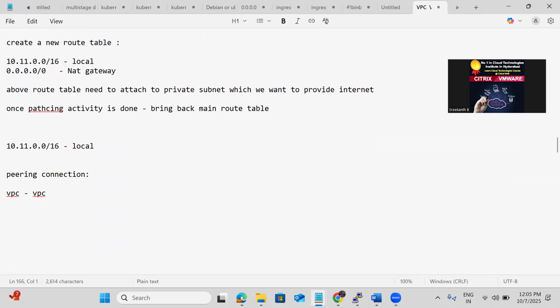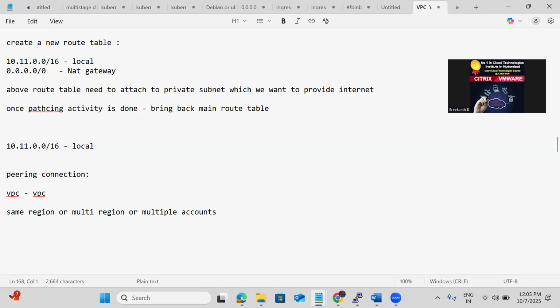Those VPCs may be in the same region, multi-region, or across multiple accounts. If I want to communicate between them, we require a VPC peering connection.